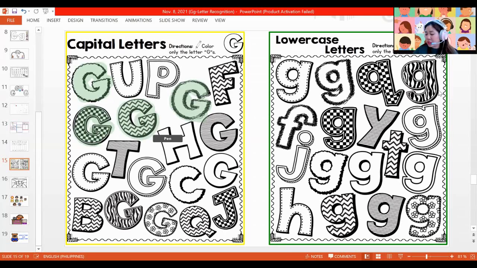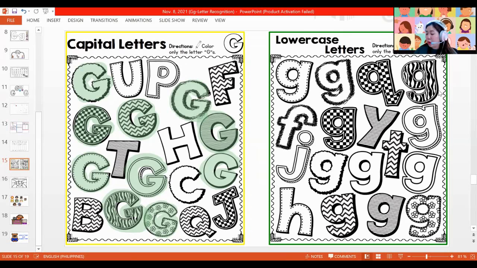Capital letter G. Oopsies. Almost colored letter C. Okay, I found all of the capital letter G's. How about you? Wow, very nice. Let's proceed to lowercase letter G this time.